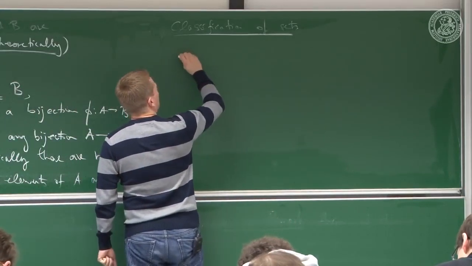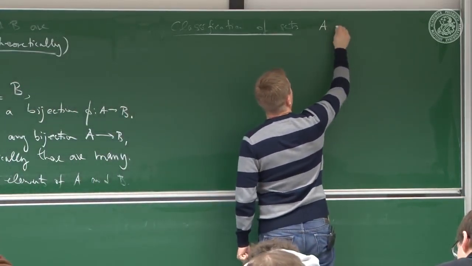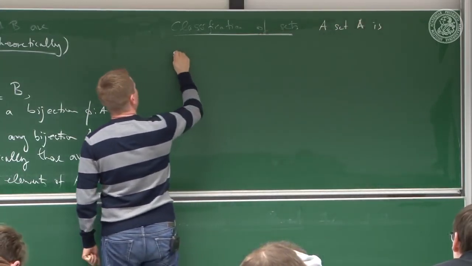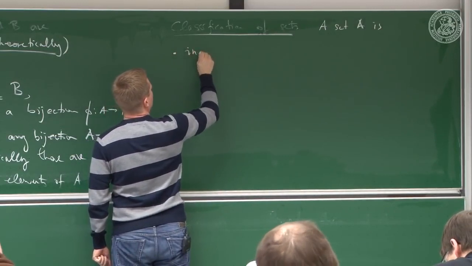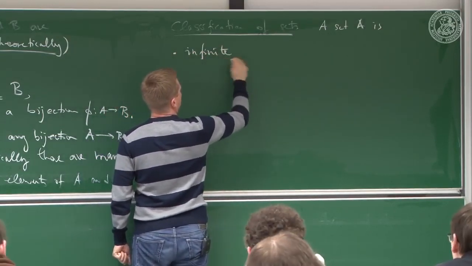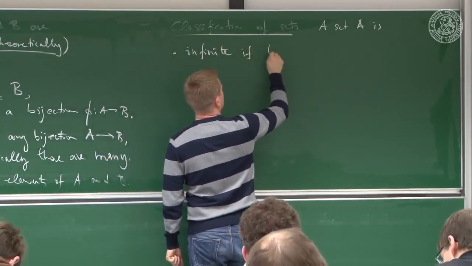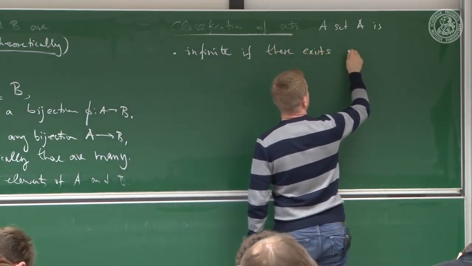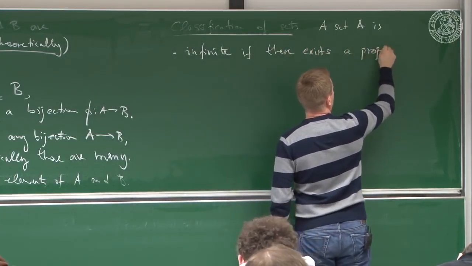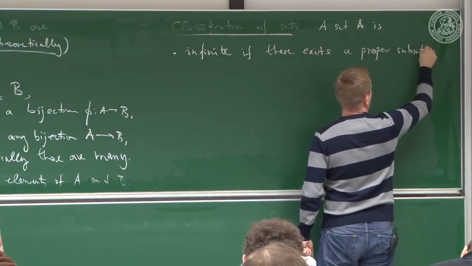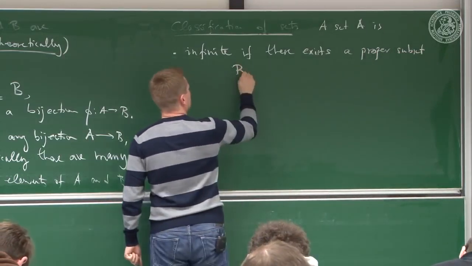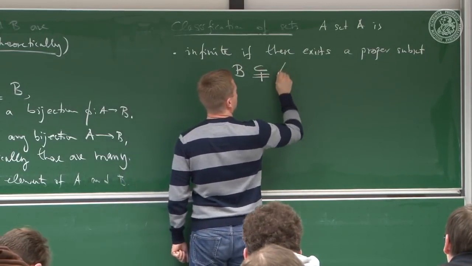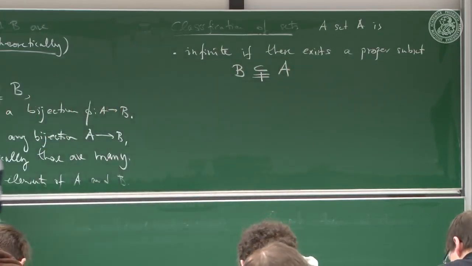Classification of sets. A set A is, let's start with the definition of infinite, infinite if there exists a proper subset. What's a proper subset? It's a subset, but by force it's not equal to the set.